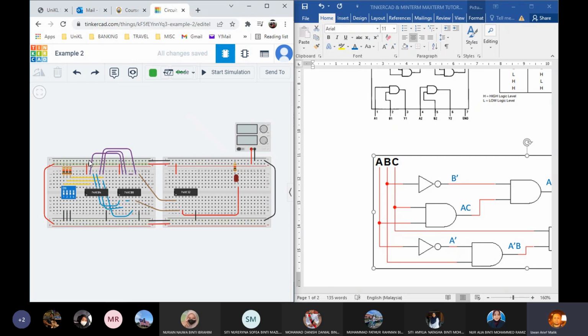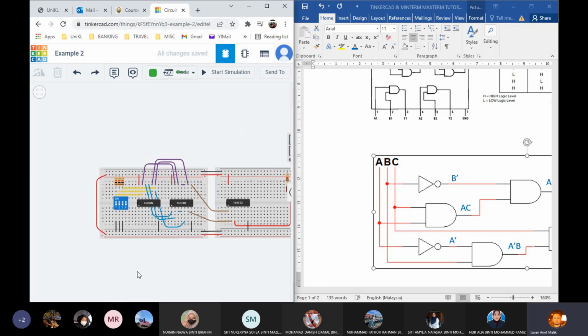So make sure all these two lines on the above part or the below part ni mesti connectkan kepada VCC atau ground, mengikut warna lah. Kalau you termiss salah satu ni, then one of them takkan ada connection. So nanti you takkan dapat dia punya output lah.